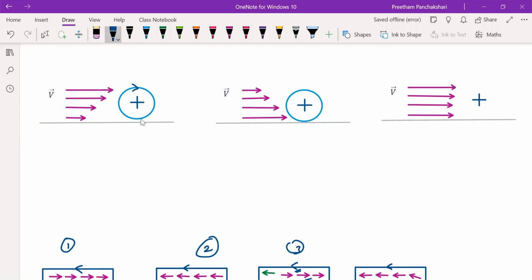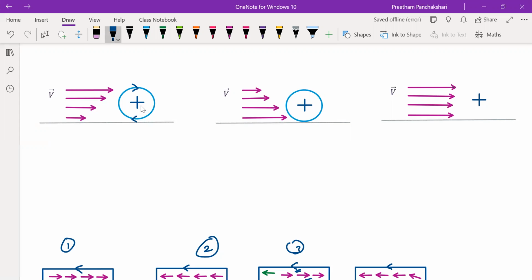At the same time, the lower part of the object experiences less force compared to the force on the top surface, due to which the object experiences a rotational force or a circulation force, and it starts rotating in this direction, that is clockwise.